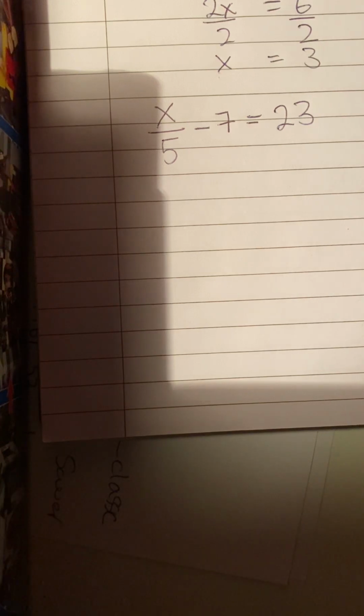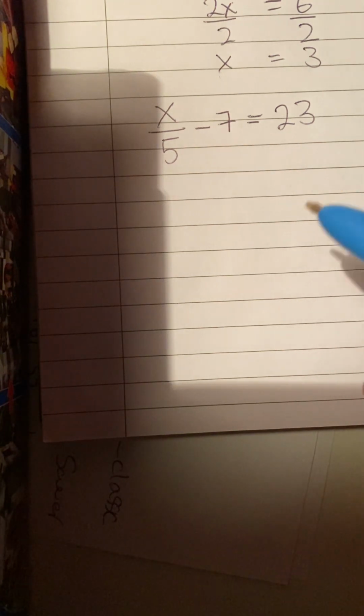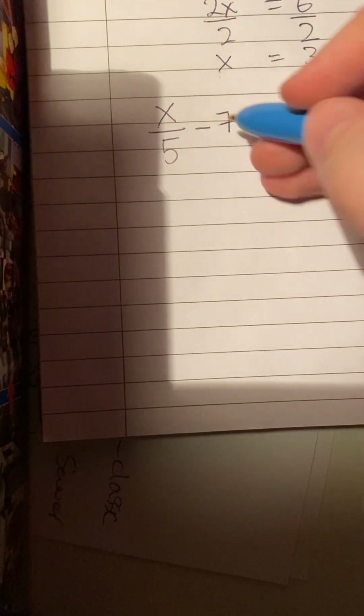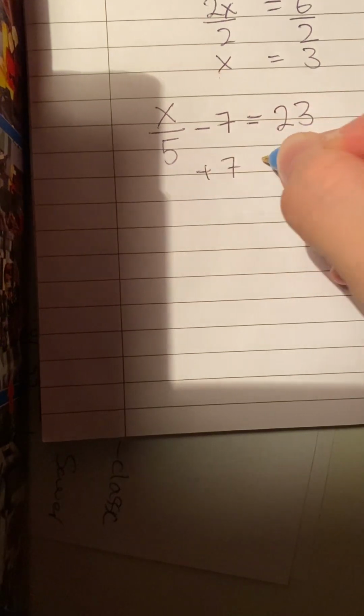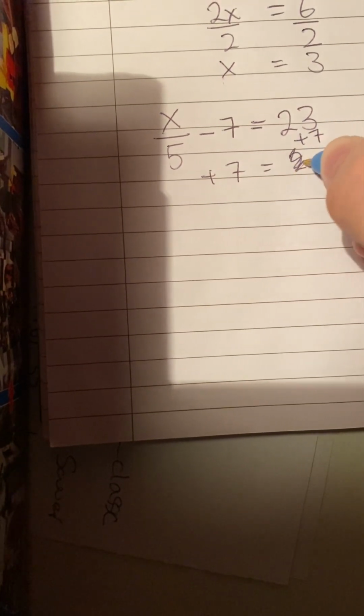And again, when stuff like this comes along, it can be a bit intimidating, but you just adhere to your principles. You just use your inverse operations and you get x on its own. So following the examples we've done previously, we want to get rid of this 7. So I'm going to plus 7 on both sides.